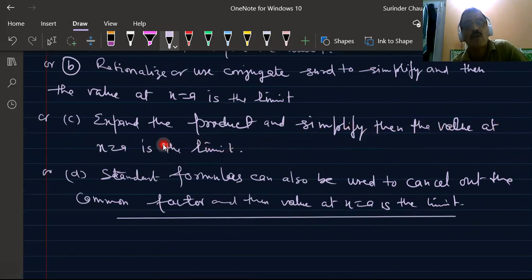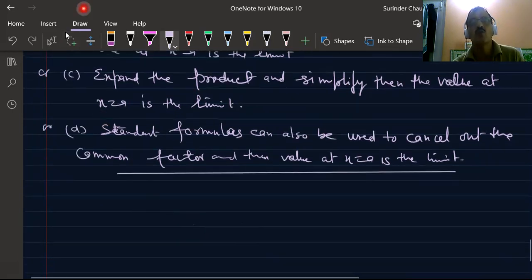Means before finding the limit, you have to cancel out the common factors. You simplify, then put x equal to a, and if we can't solve the problem by any of these methods, then use the standard formula to cancel out the common factor and then put x equal to a, and so on. These are the methods to solve the problems of limits.